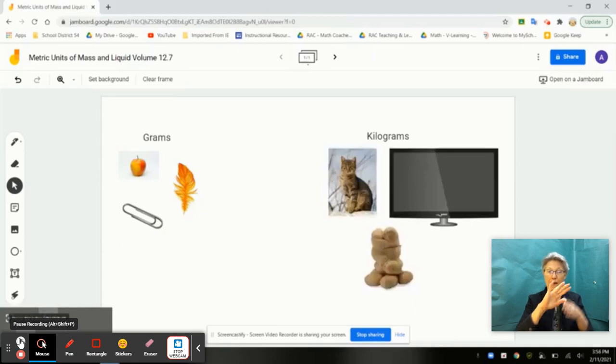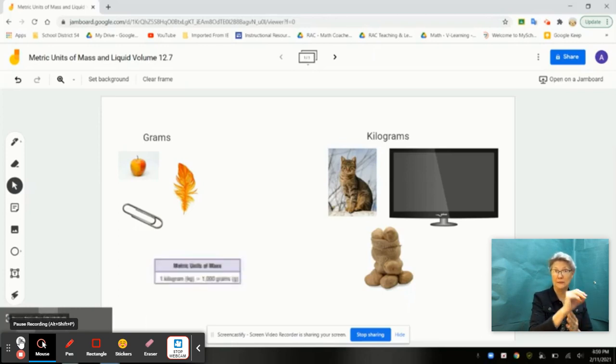While the cat probably weighs a kilogram, maybe a little more, my television and maybe my bag of potatoes are going to weigh several kilograms. We can use this chart here to help us remember the conversion, or how kilograms are equal to grams. 1 kilogram equals 1,000 grams. Well, let's use this information to help us solve some problems.